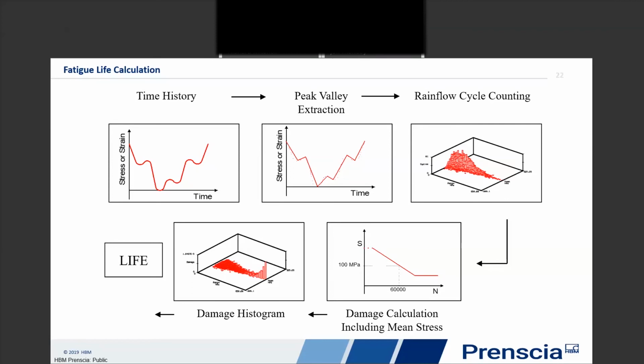So for every cycle in my history, I can calculate the damage, how much life it has used up. If I sum up all those damages, they tell me the total damage on the part. The inverse of that damage is life in terms of repeats of my time history. So I have a way to take a complex load history and actually analyze it.